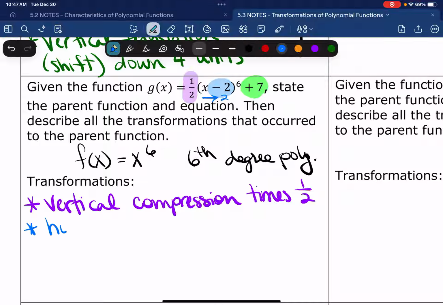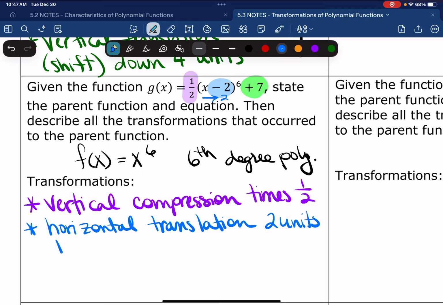So this is a horizontal shift or translation 2 units right. A horizontal shift or translation 2 units to the right.